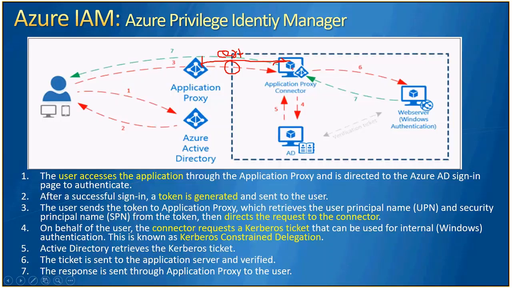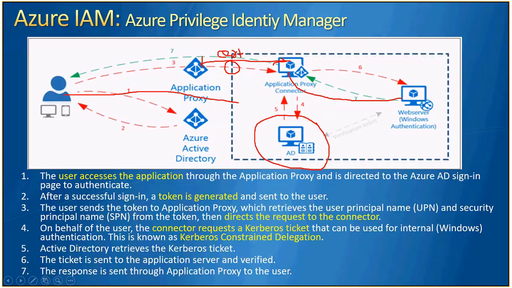Then the connector uses certificate-based authentication to retrieve that data from there, and uses the UPN and SPN. Now that UPN and SPN have to be configured for Kerberos constrained delegation. That setting is separate. When you set up this connector, it will configure the Kerberos constrained delegation for that service account, the service principal name for your application, so that this connector can request a Kerberos ticket on behalf of the user.